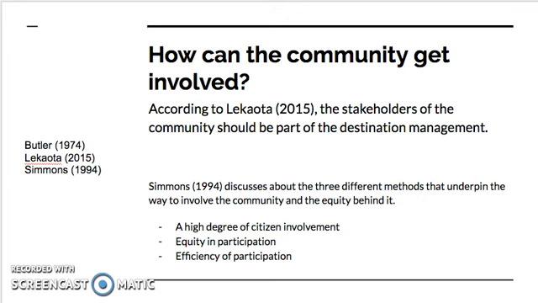First, we'll skip the first one and go to equity and participation. Searle and Phillips define equity and participation as the extent to which all potential opinions are heard. In terms of the community, from an Aboriginal perspective, it means the community as a whole and not just interest groups, which relates to Lakota in 2015.